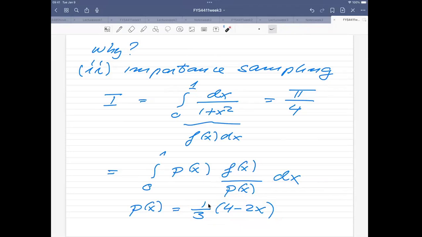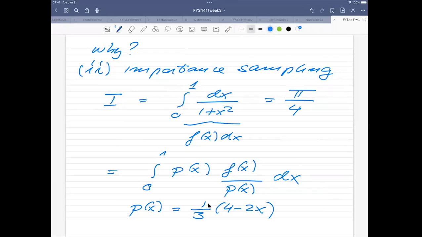The interesting thing is that if we can find a probability distribution so that the function we want to integrate divided by this probability distribution is close to a constant, then we end up with just a constant multiplied with the probability distribution. Since this is normalized to 1, this just gives us a constant.